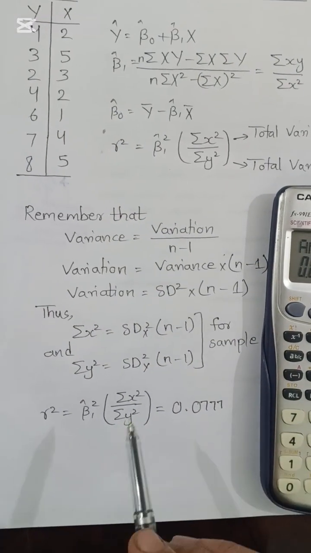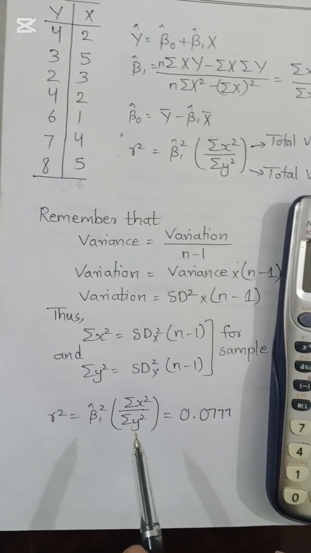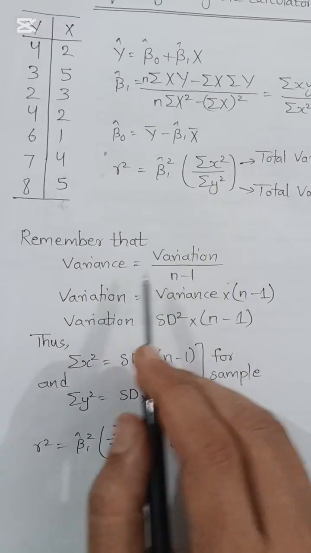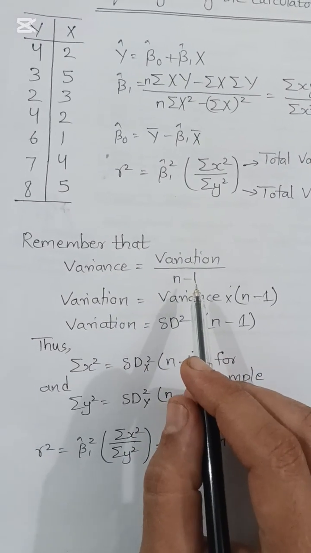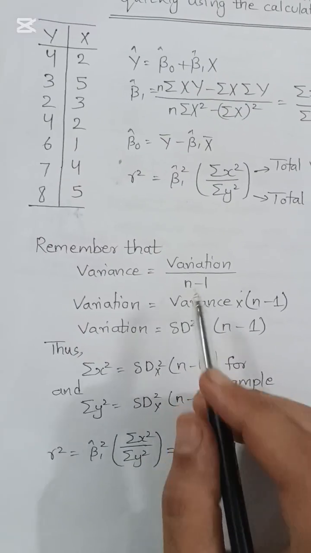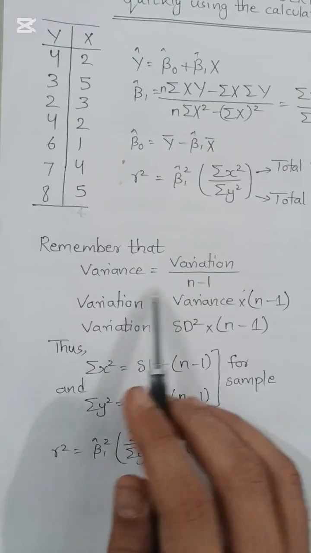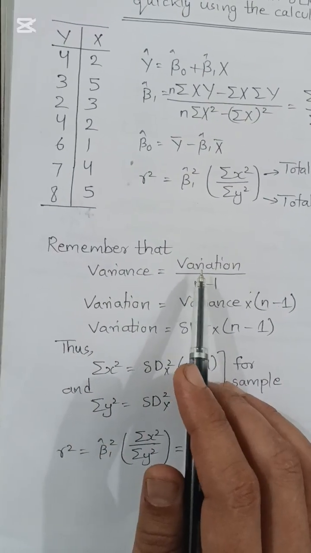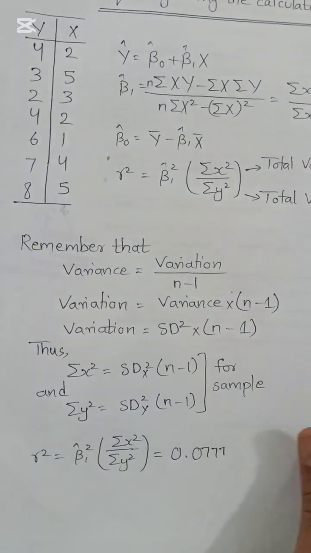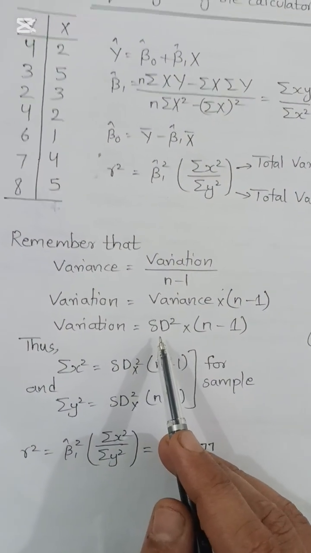Now we need to find the total variation in x and then the total variation in y. So remember that the variance formula is variation divided by n minus 1. This is the formula for the sample variance. N minus 1 here shows the degrees of freedom. If we solve this equation for the variation, we come to know that variation equals variance multiplied by n minus 1, and we also know that variance is equal to the square of the standard deviation.